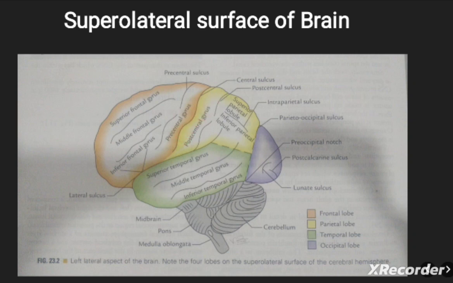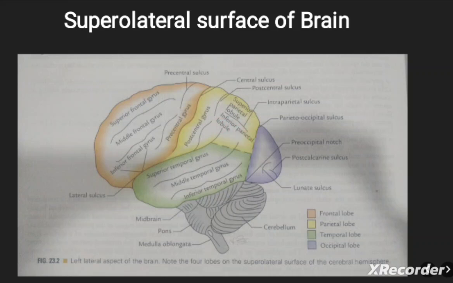You can see the precentral sulcus and here the postcentral sulcus. Then as we go, there's one intraparietal sulcus here and it divides the parietal lobe into the superior parietal lobule and inferior parietal lobule. So that's how easy the parietal lobe is.